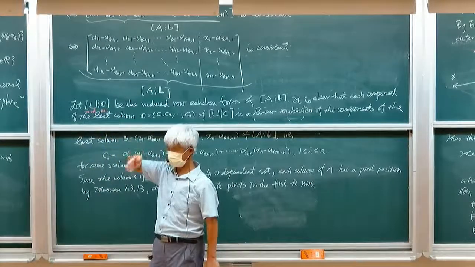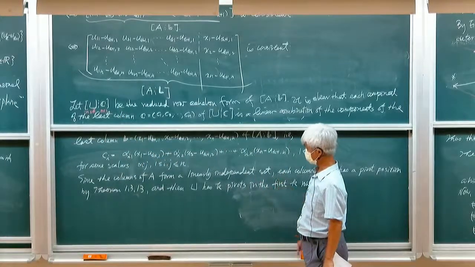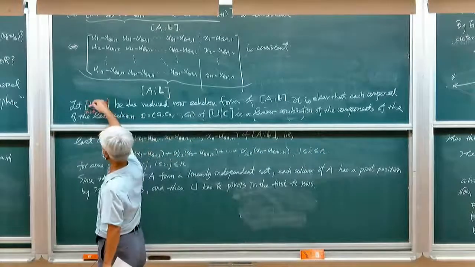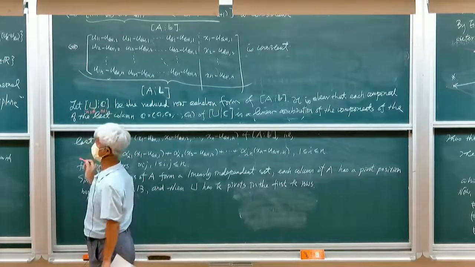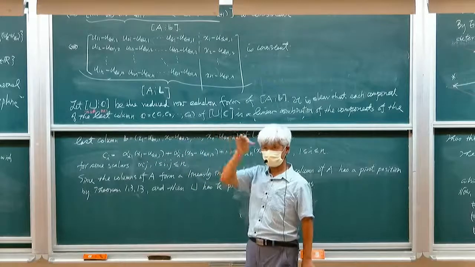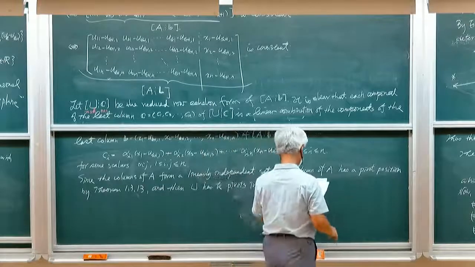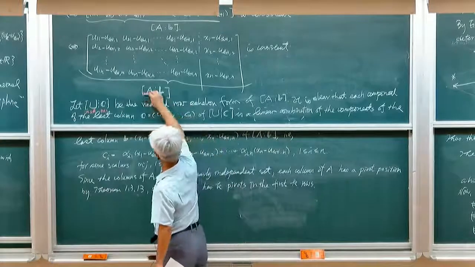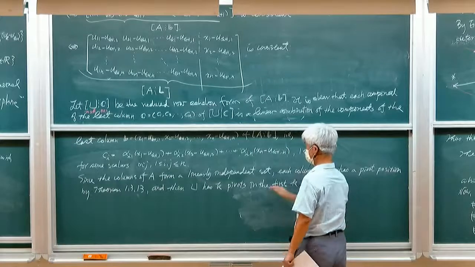So U has k columns but n rows. And we know that U has k pivots, every column has a pivot because the columns form a linearly independent set, so these pivots should be in the first k rows, and the rest are n minus k rows.